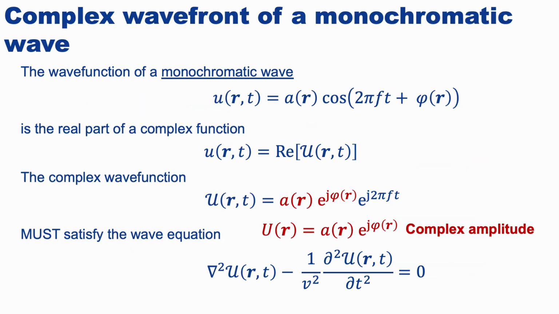We know that the wave function of a monochromatic wave is cosinusoidal. That means we can talk about it as the real part of a complex function, right?